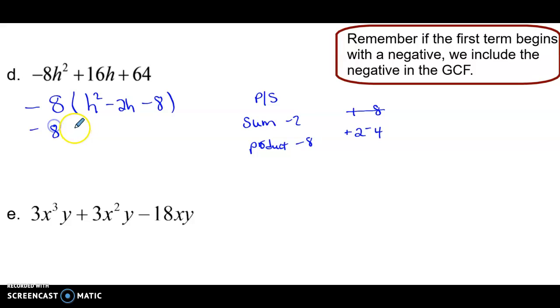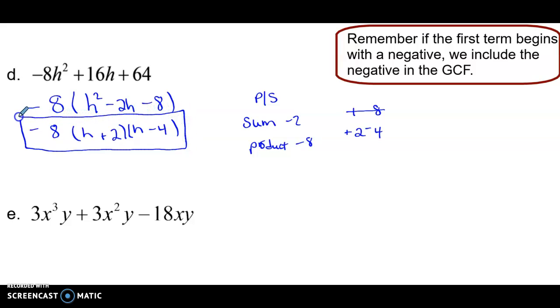So back in my expression, I'm going to factor that trinomial into two binomial factors. h multiplied by h gives me that h squared. Positive 2 multiplied by negative 4 gives me negative 8. I have my two binomial factors along with my GCF of negative 8, factored fully.